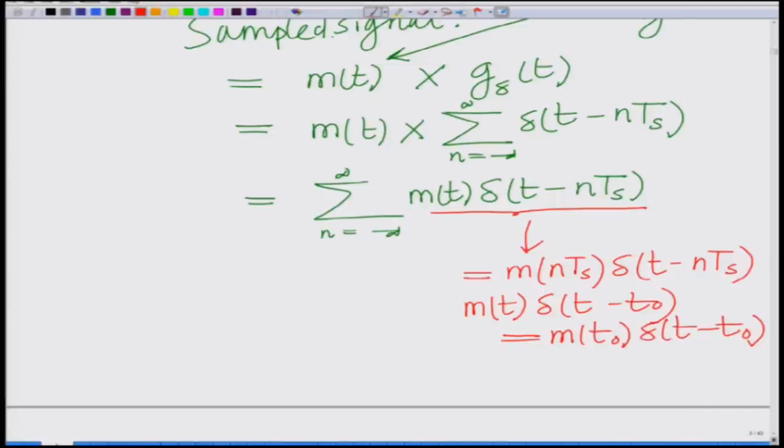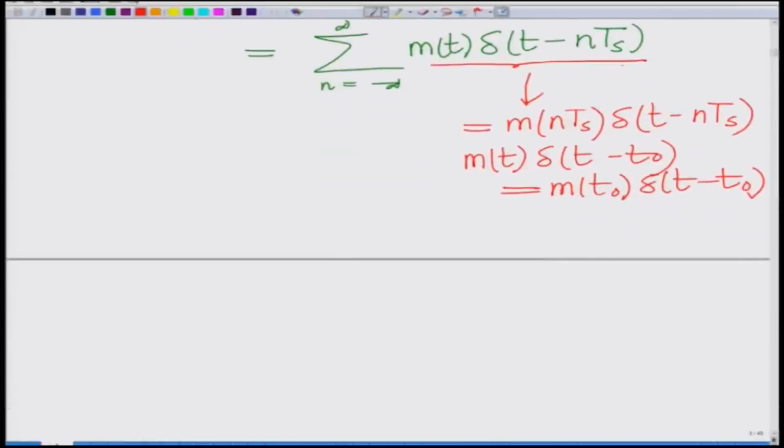That is, when you multiply a signal by an impulse shifted to t naught, it simply picks the value of the signal at t naught. That is how we are sampling this signal. We are able to extract at each n Ts the sample, or the level of the signal at n Ts, that is your m of n Ts.